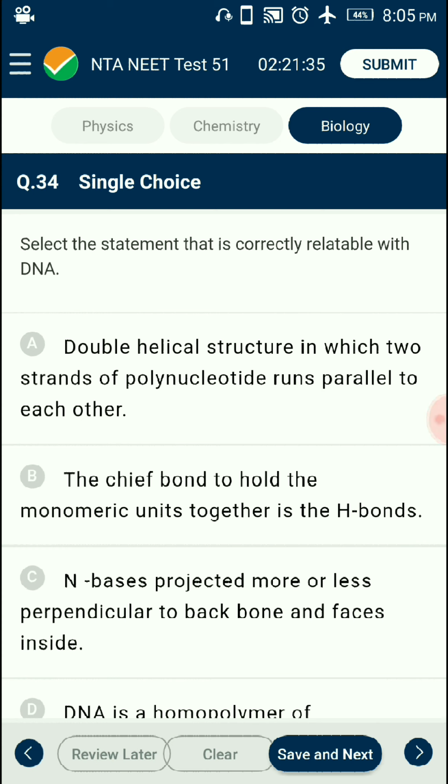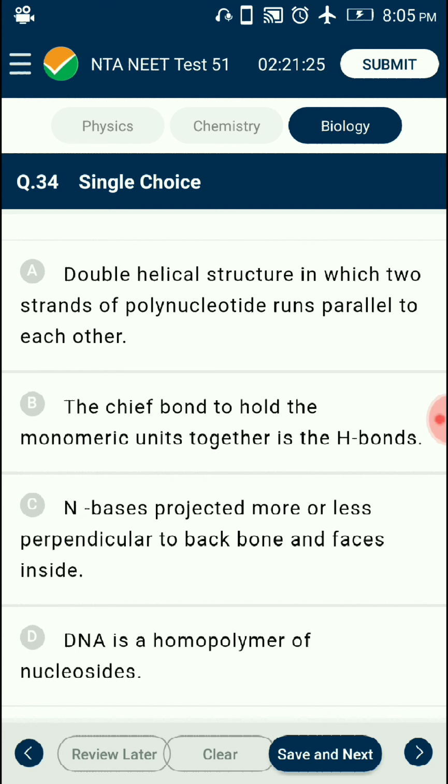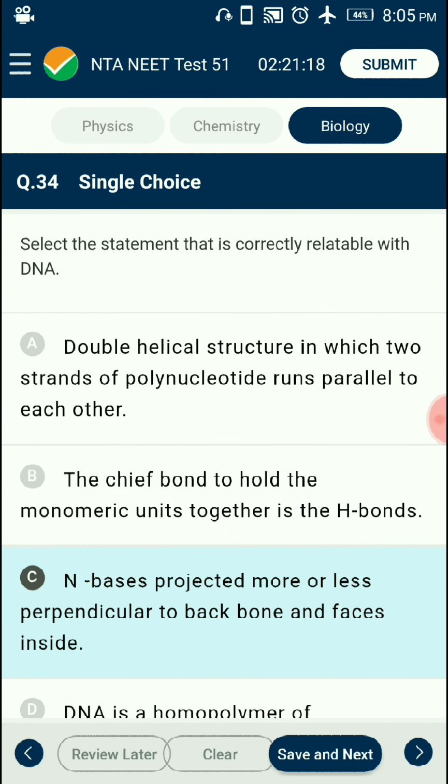DNA has four types of nitrogenous bases and is a heteropolynucleotide of these nucleotides. So the answer for this question is option C. N bases projected more or less perpendicular to the backbone and face inside. So that is the correct statement relatable with DNA.